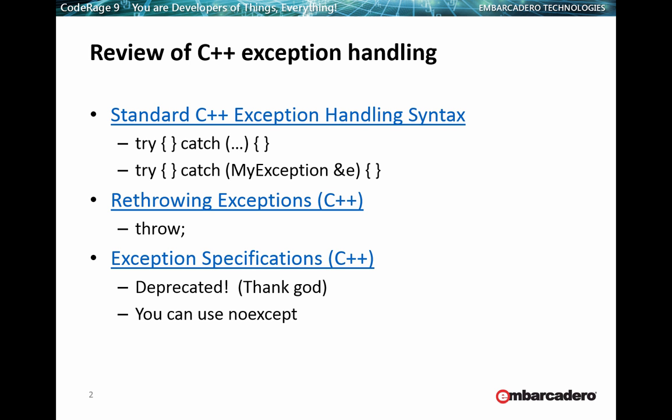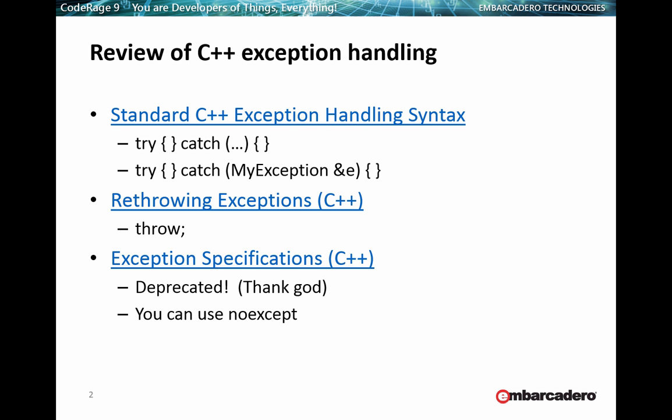I'll go over that a little bit more later on. With try and catch, you have a try block followed by a catch block, and the try block is protected, and if an exception is thrown that matches the catch handler specification, the catch block is executed.